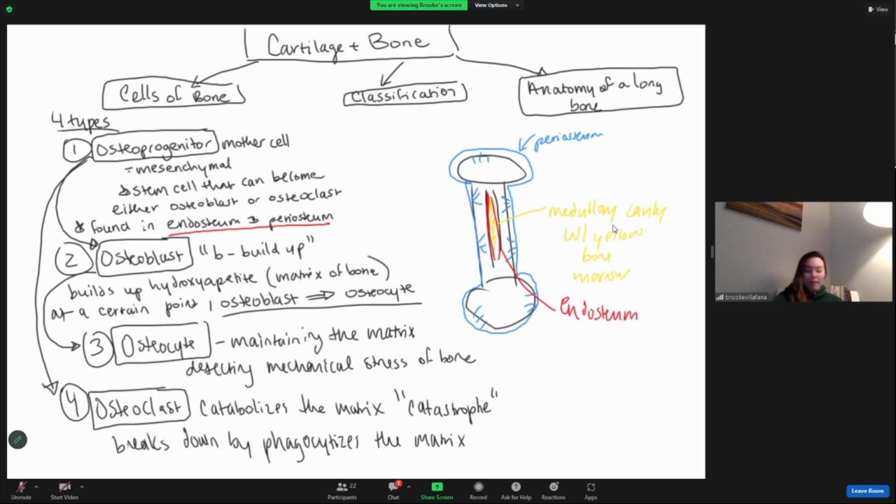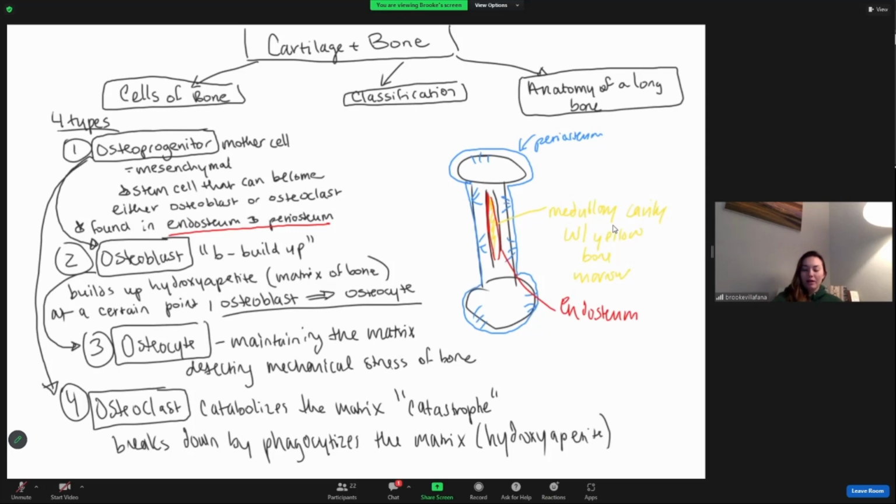So it phagocytizes the matrix to break it down. And this is the hydroxyapatite, which is the matrix here. So osteoprogenitor is the mother cell or stem cell. It can become an osteoblast or an osteoclast, either building up that matrix, making more of it, making it more full, or being the osteoclast, breaking it down, getting it smaller.